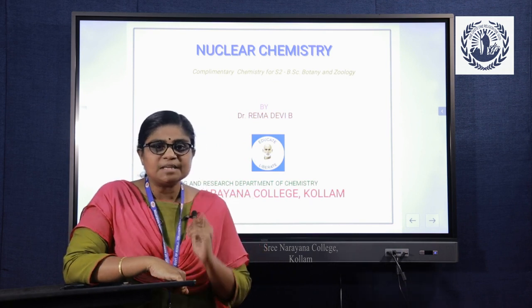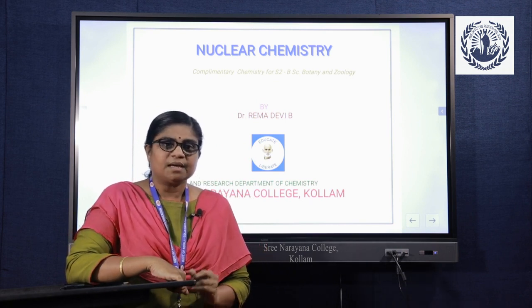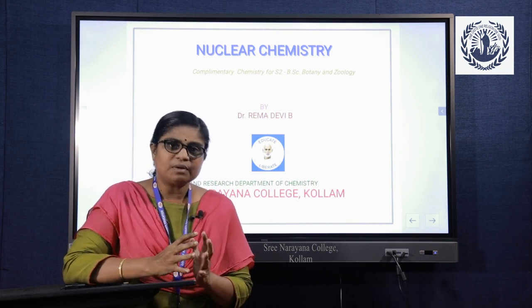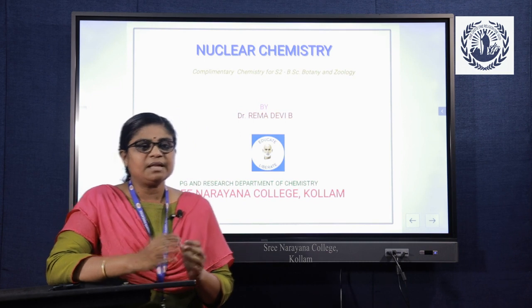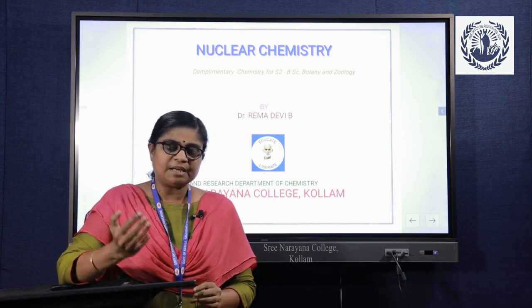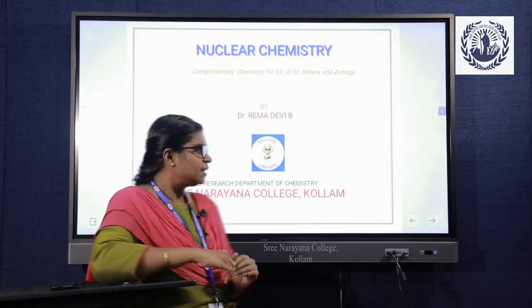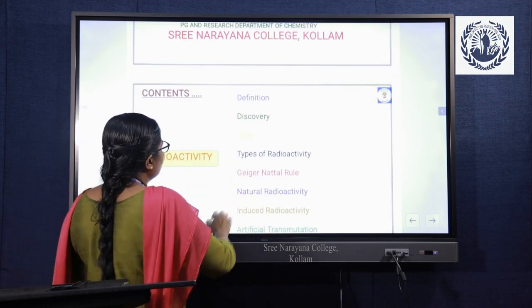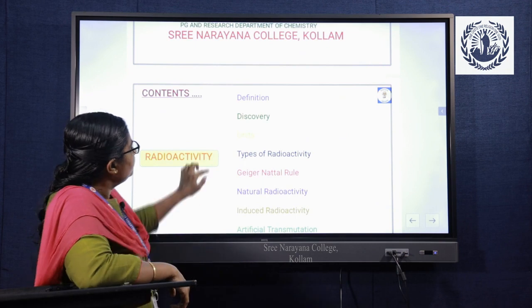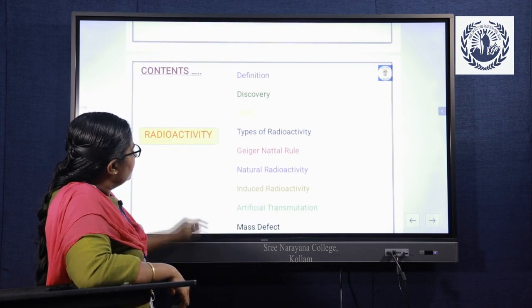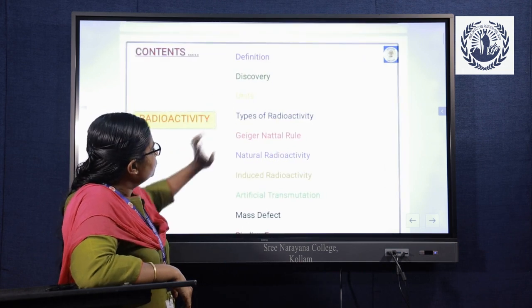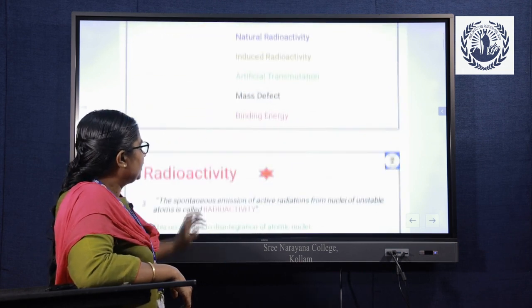Due to instability of the nucleus, some elements are radioactive, and they show radioactivity to come to the stable state. So these are the topics in the syllabus, but this is our first class, so we are studying some basic topics of radioactivity.